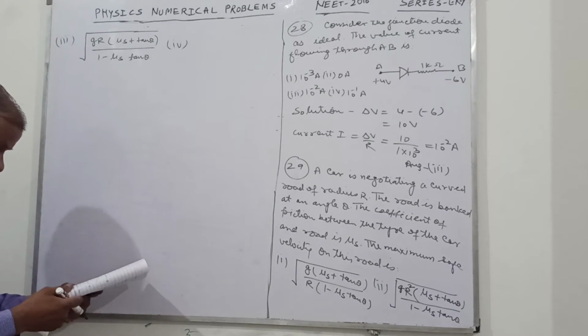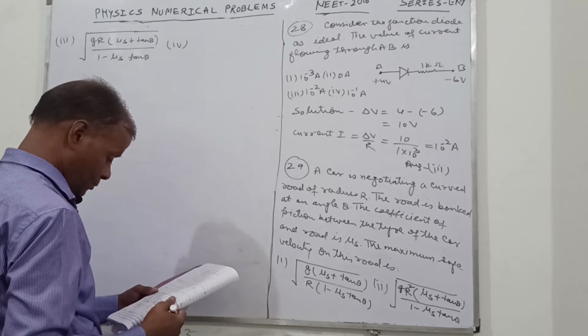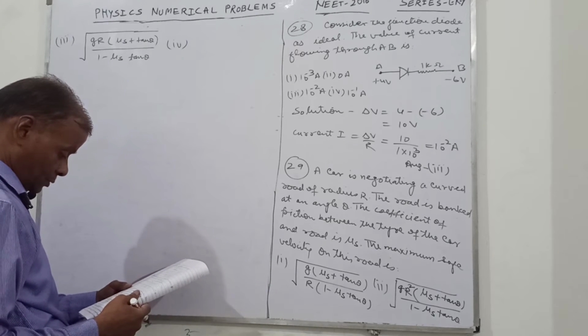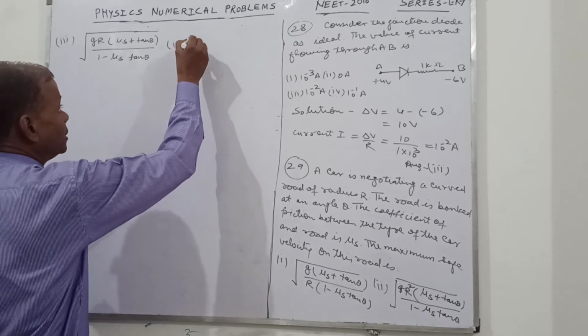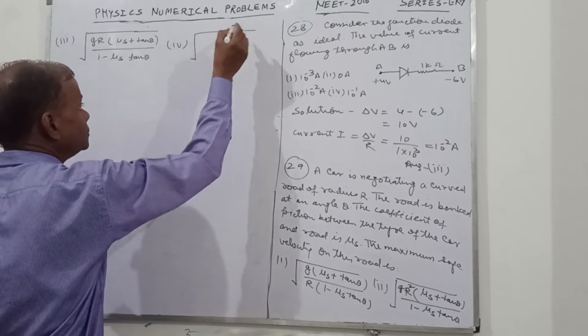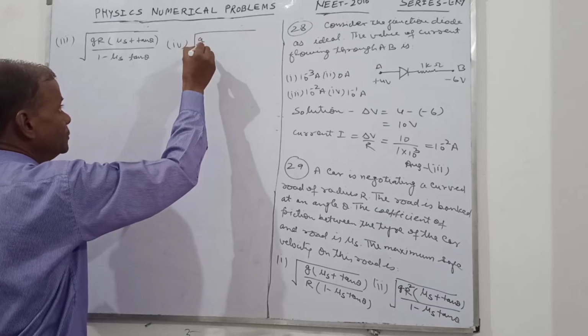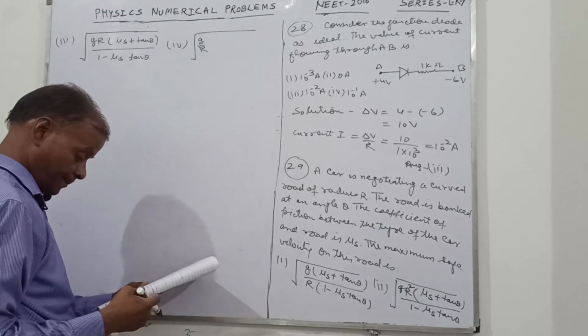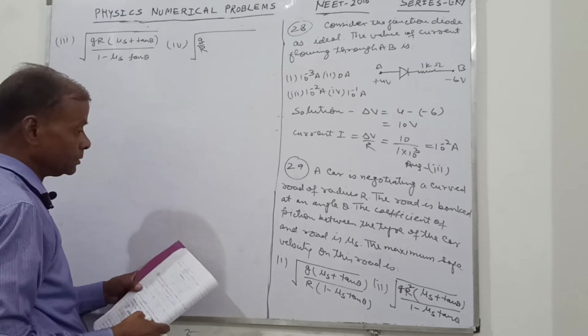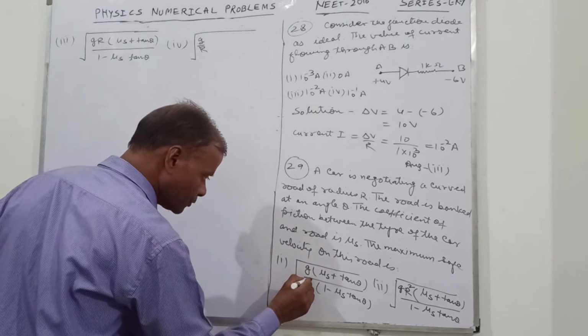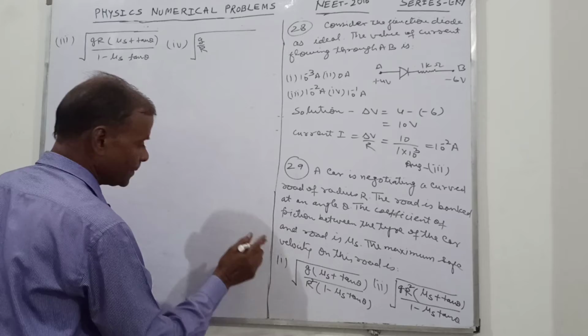And now the fourth is G upon R, square root of G upon R, mu s plus tan theta. Gs upon R square. This is now R square.